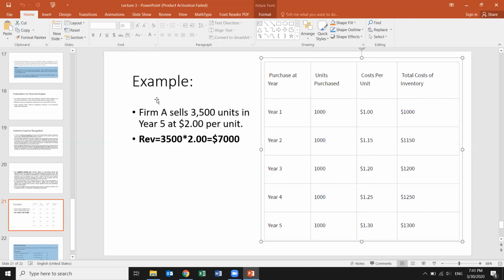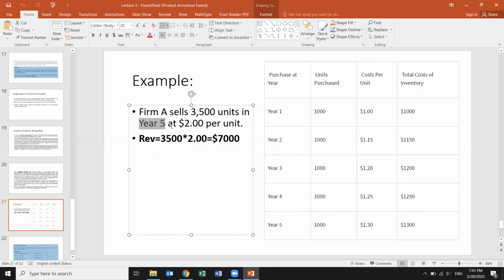So in year 5, the firm has decided to sell 3,500 units at the price of $2 per unit. However, in total, for 5 years, your total number of units is 5,000, but you are selling 3,500 units.